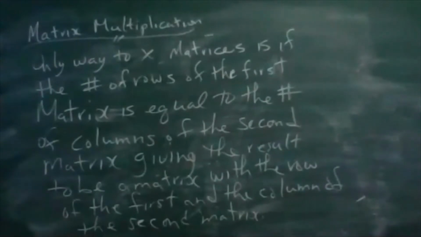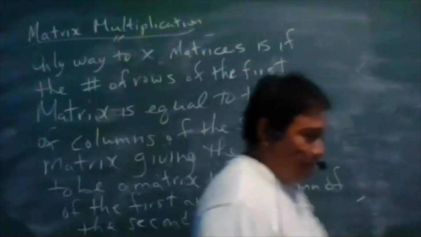So the rule says the only way to multiply matrices is if the number of rows of the first matrix is equal to the number of columns of the second matrix, giving the result to be a matrix with the rows of the first and the columns of the second.